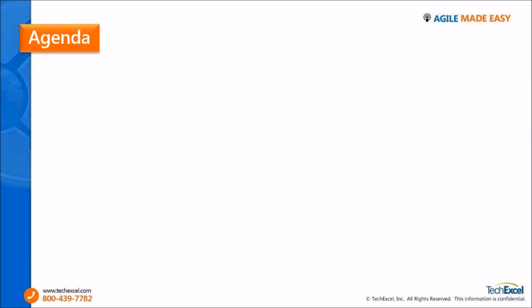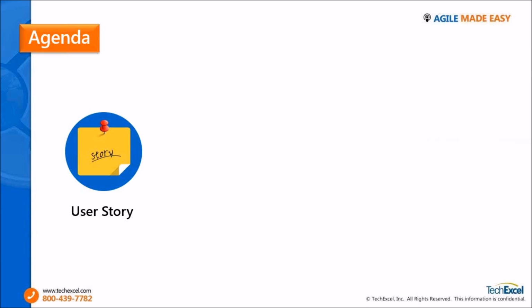So let's start with the agenda, and let's see the 4 main points that we're going to cover throughout this webinar. I'll dig into the details of each of these points and specifically share some of the important aspects of Agile methods and how we at TechExcel implement those methods as well. So we'll talk about user stories.